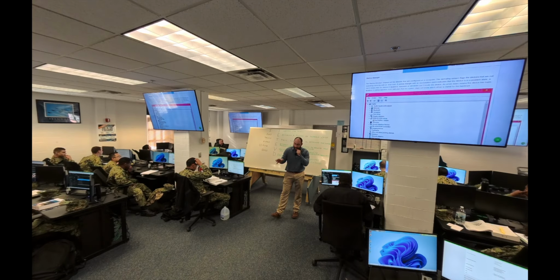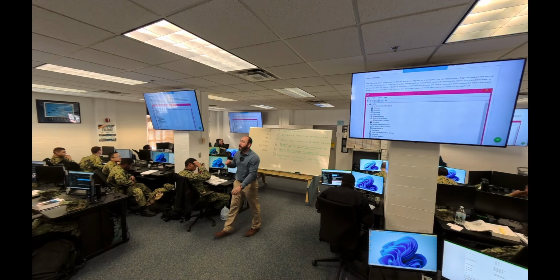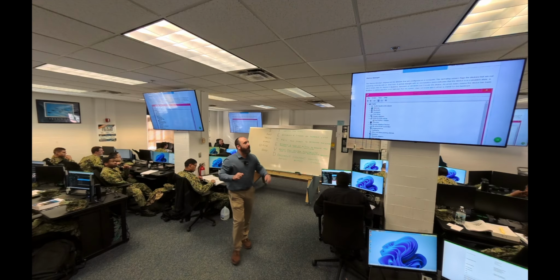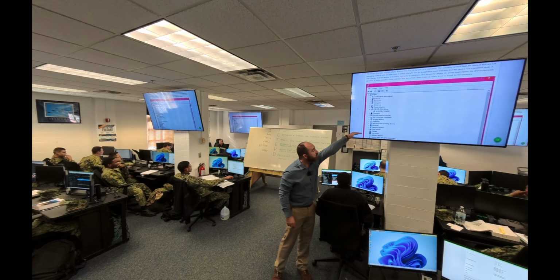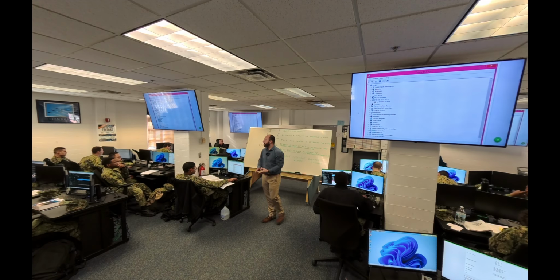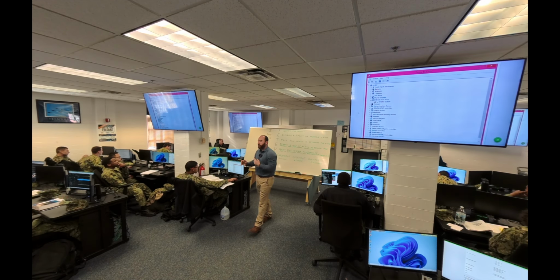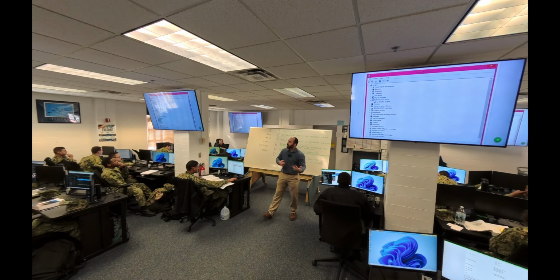Each piece of hardware is going to have its own driver. So look at this up here, right? We see the Device Manager. I see my audio devices, my drives, my optical drives. There's my printer. Those are going to have drivers. Each piece of hardware has that driver to operate as that translator for that hardware, because each of them is going to speak kind of a different language. They need a translator. Good to go?